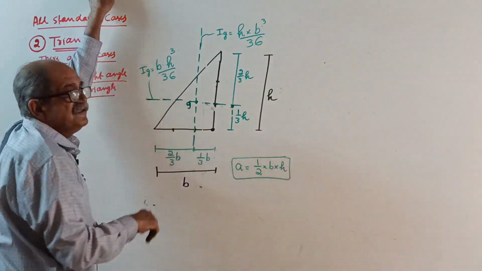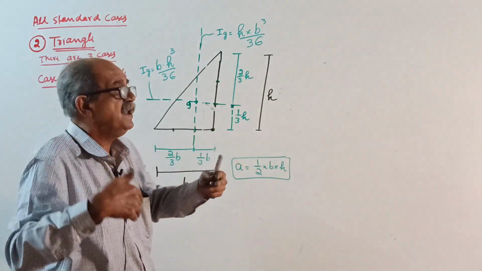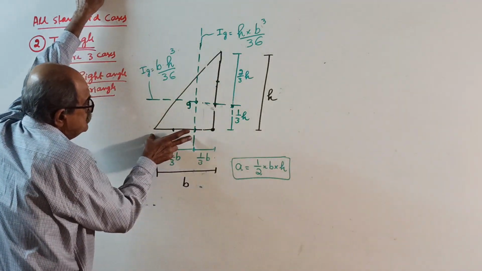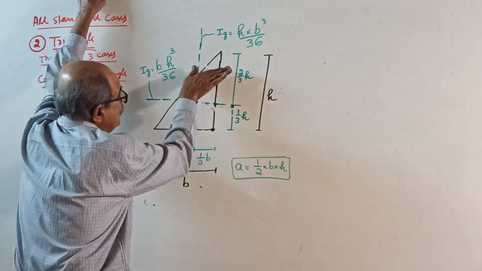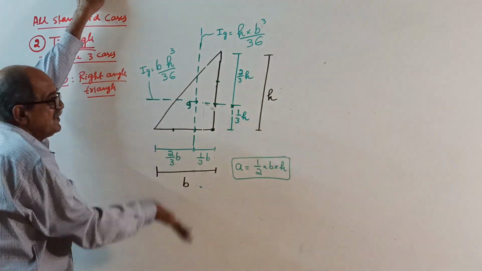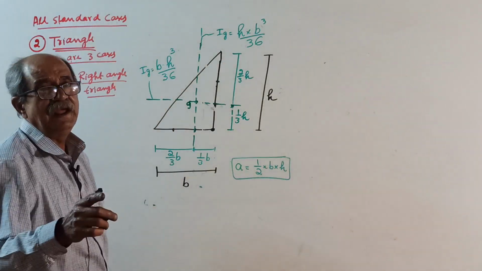So distance is 1/3 or 2/3 of the dimension you are moving. So this way 1/3 B, this is 2/3 B. Here, more area this side. So centroid is near to base side, 1/3 H, 2/3 H. Make a note.